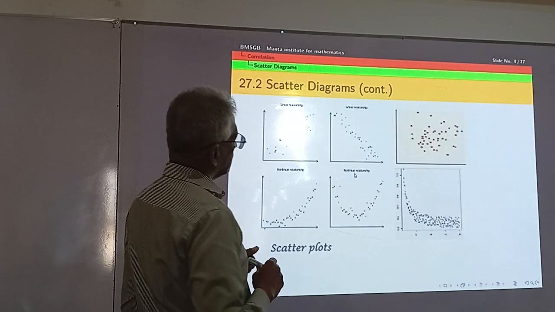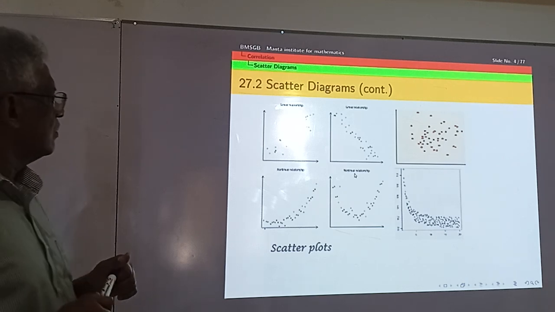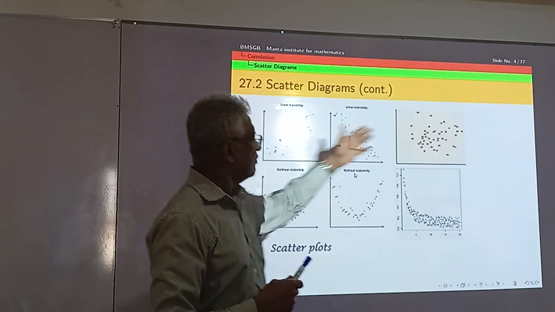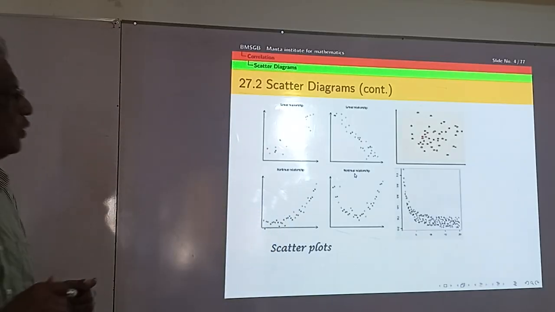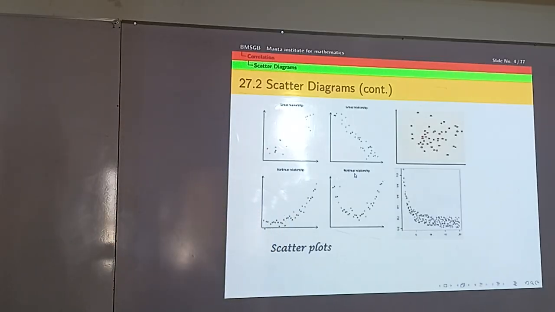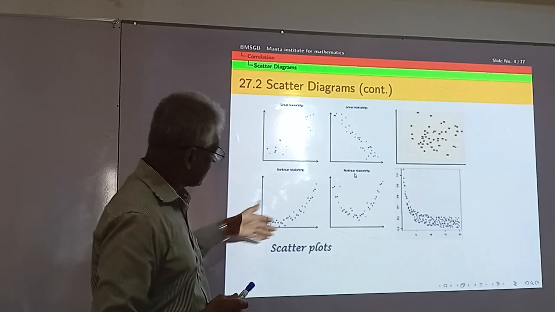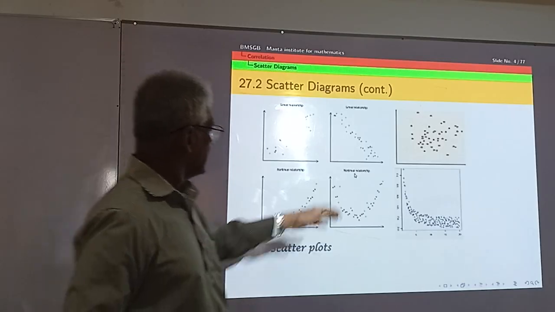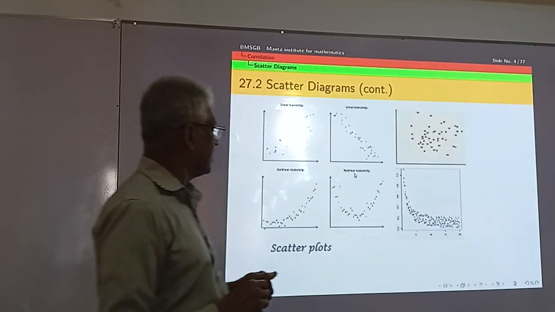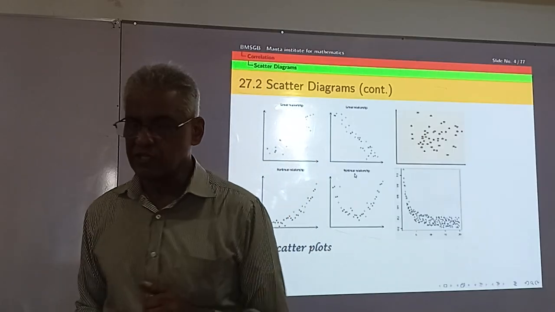So you should calculate the correlation coefficient only for this kind of graph. Here, when you look at the graph itself, it is clear that there is no relationship, linear or any other. Here there is a relationship, but it is clearly not linear. And here also there is some relationship, and it's not linear.